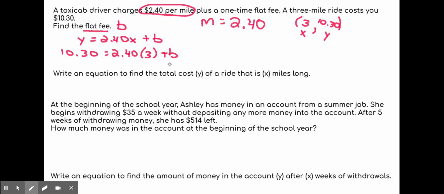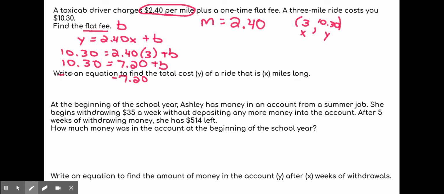So we're going to use some calculators here. Calculator will probably be helpful since this is some decimal work. All right, so 10.30 equals 2.40 times 3. I used my calculator, and that is 7.20 plus b. This is just a one-step equation. I'm going to subtract 7.20 from both sides.